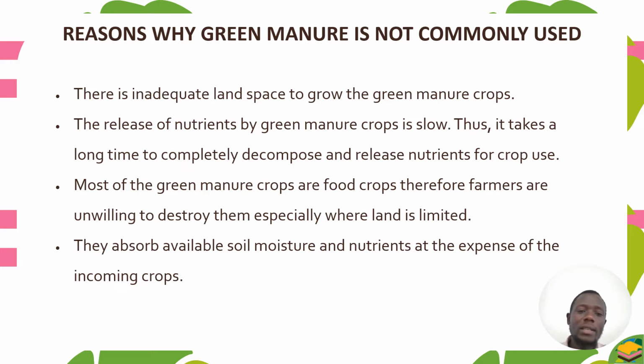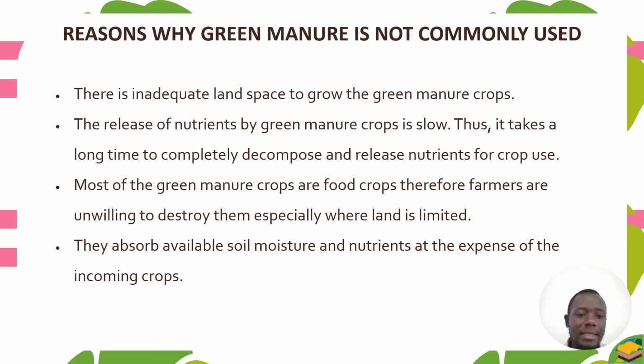So let's now look at reasons why green manure is not commonly used in our country. The first reason is that there is inadequate land space to grow the green manure, so you cannot grow crops just to be incorporated in the soil to make manure.